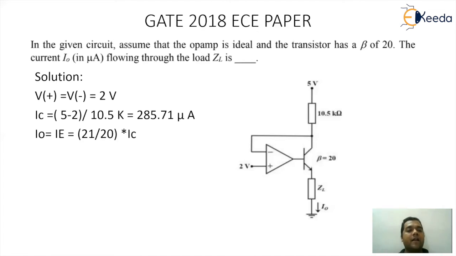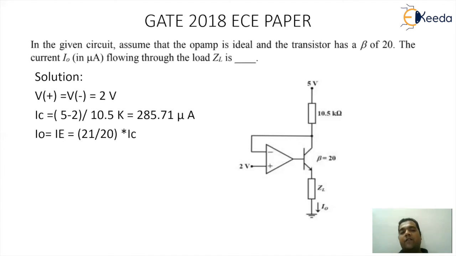So we can define IO is equal to IE as beta plus 1 by beta times IC, because the normal relation is IC is alpha times IE. So the value of alpha is defined as beta upon 1 plus beta. So you convert the relation in terms of IE. When we talk in terms of IE, it will be beta plus 1 by beta times IC.